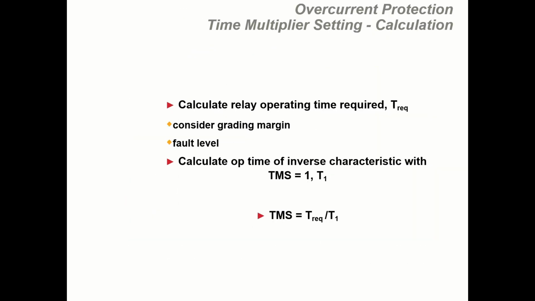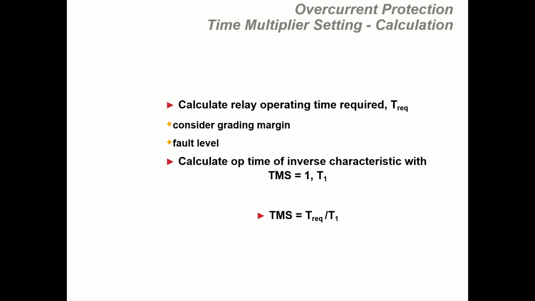So now how do we do this calculation? We will try to understand this with a very simple example. First of all, how to calculate this? First we have to calculate the required time of operation with grading margin and fault level. Whatever the fault level is given, we have to calculate the required time of operation.